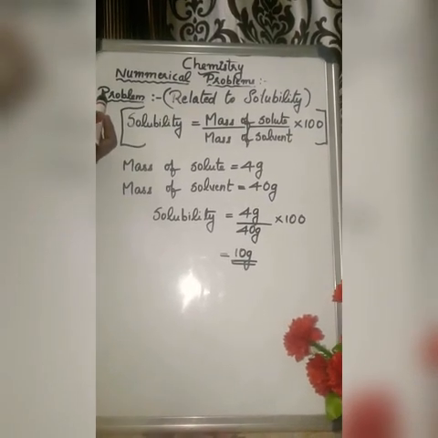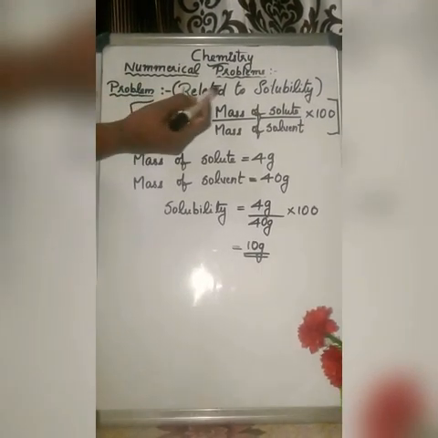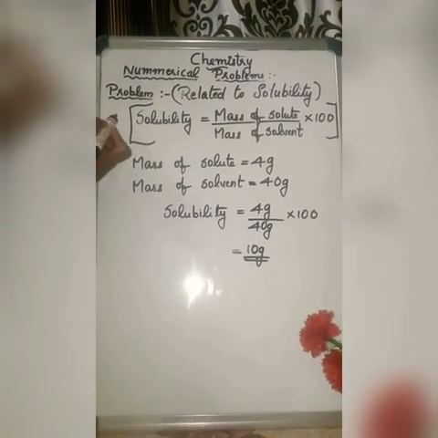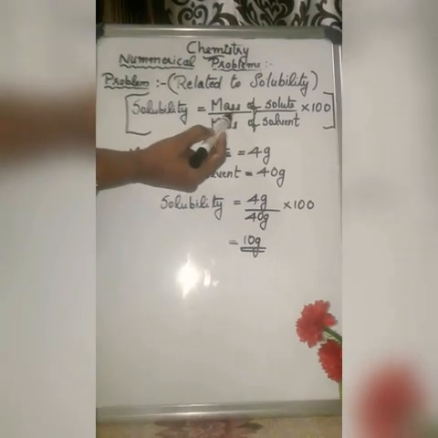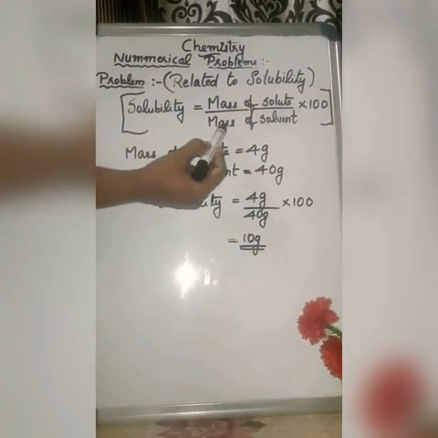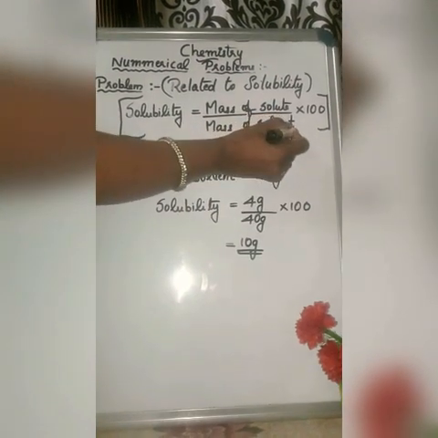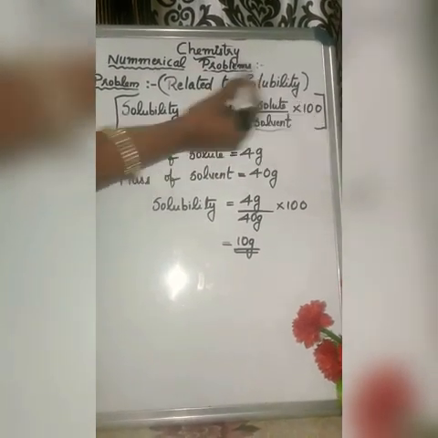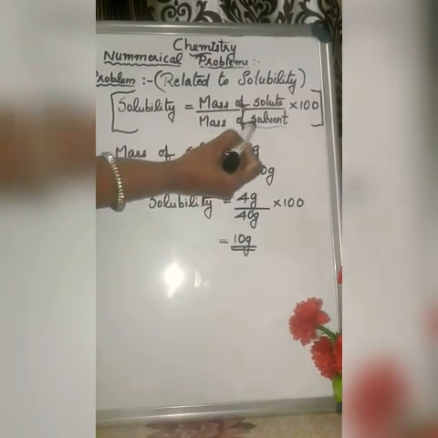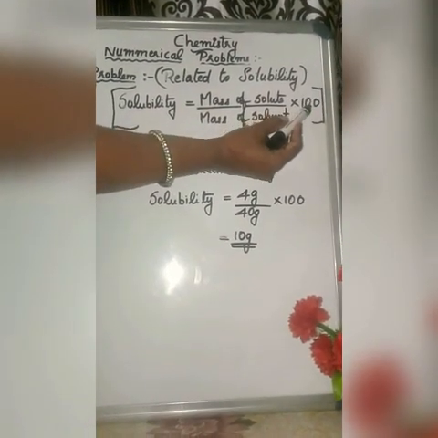Next, we are going to study the problems related to solubility. So, for finding solubility, there is a formula. It is mass of the solute divided by mass of the solvent into 100.